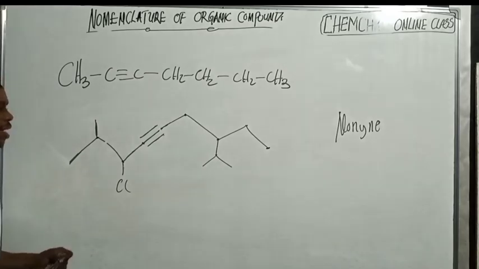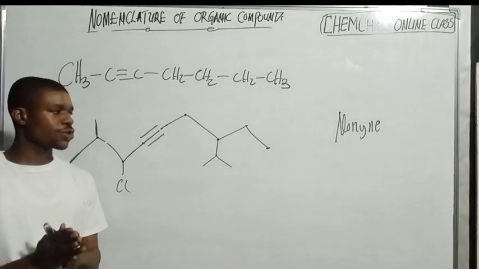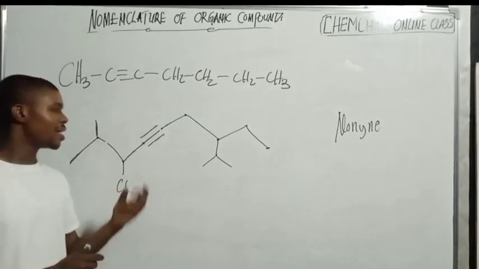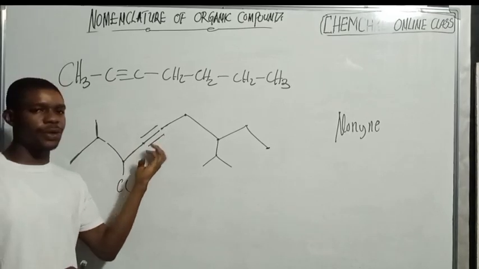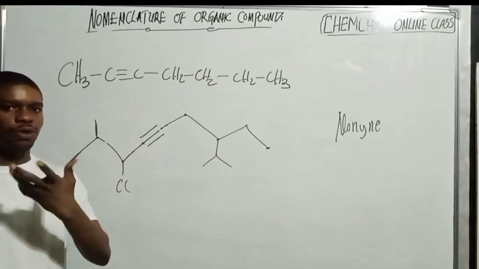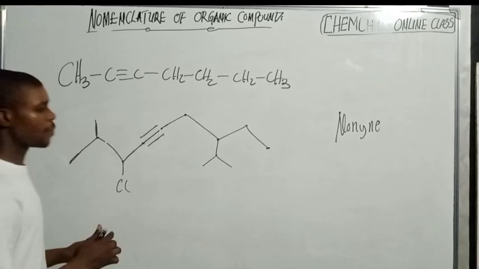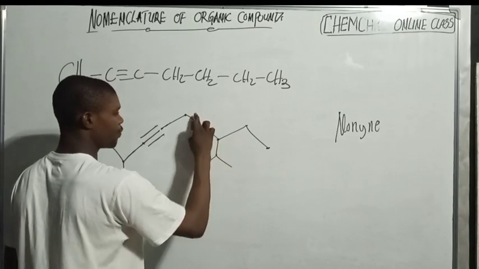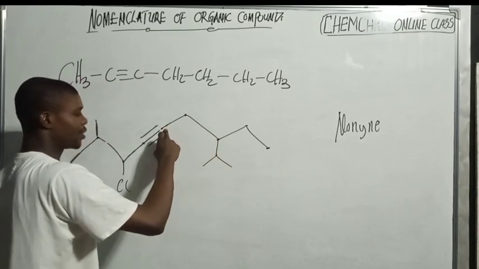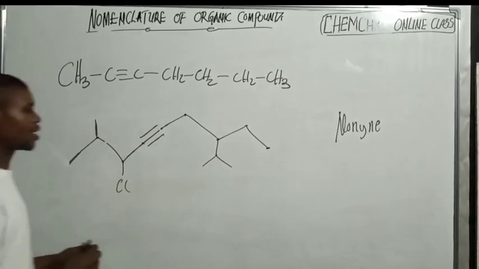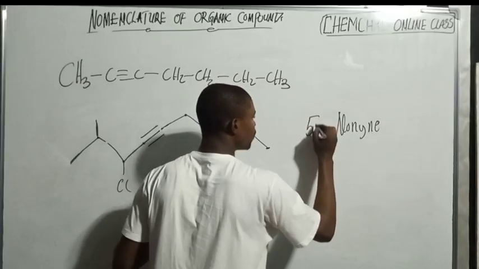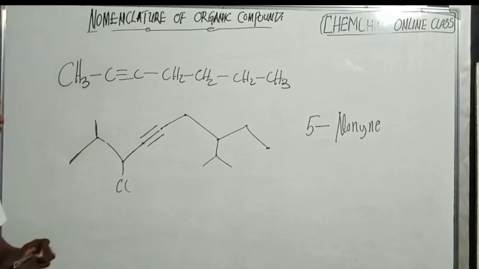Now the next thing we want to do is number the chain in such a way that the carbon atom that carries the triple bond has the lowest possible number. If I start from here, 1, 2, 3, 4, 5, the triple bond is on carbon 5, so it would be 5-nonyne.